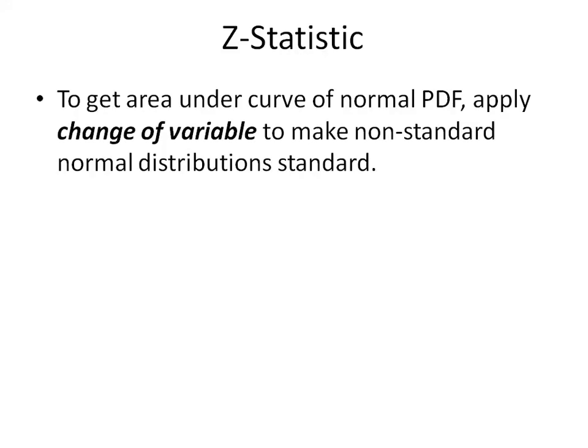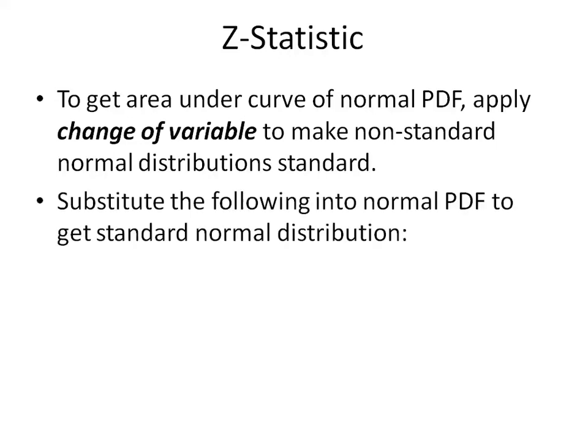So we have to apply what's called a change of variable to make non-standard normal distributions standard normal distributions. And so we'll substitute the following equation into a normal probability density function to get a standard normal distribution.